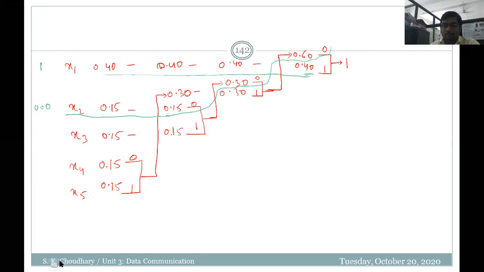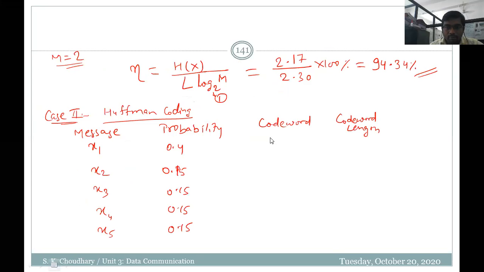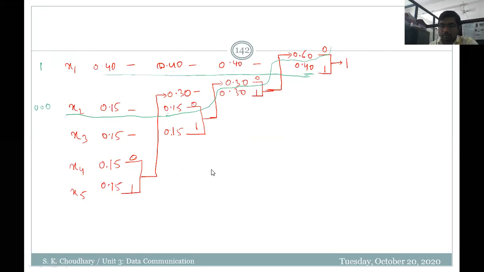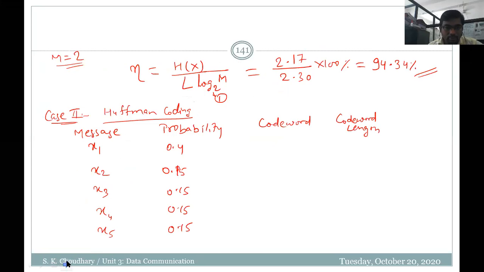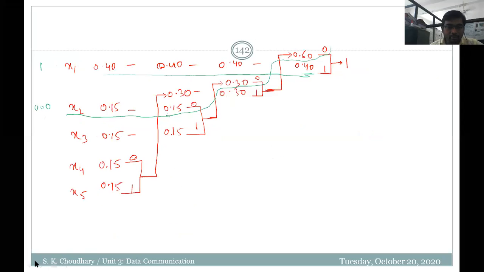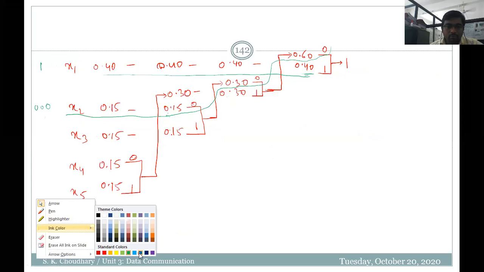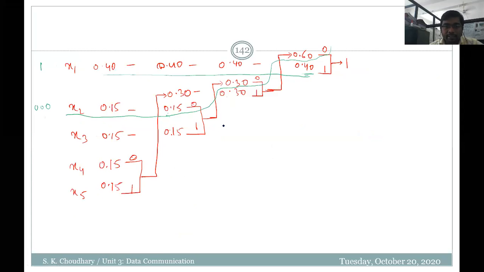You can update this value here. As per this, it is 1 and it is 3 times 0. Then further we have to do the calculation. The next one is x3.